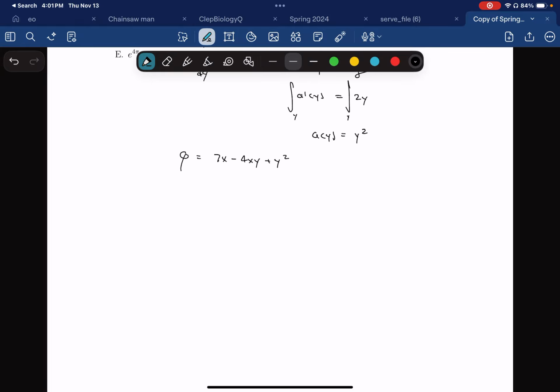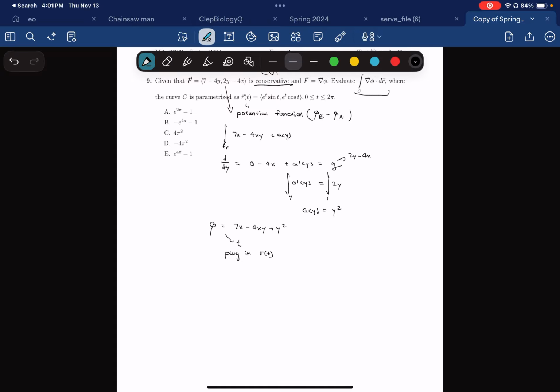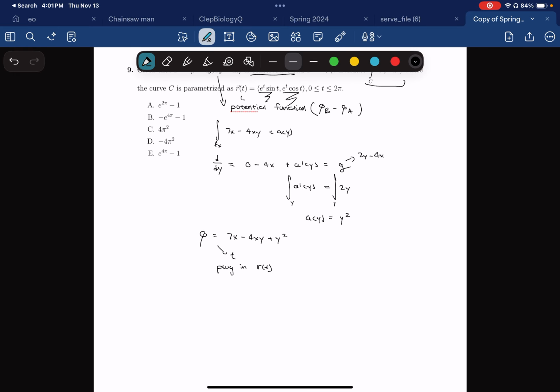And we have to convert these to t, so we plug in r of t, this x value and this y value, which gets us 7e to the t sine of t minus 4e to the t sine of t times e to the t cosine t plus (e to the t cosine t) squared.